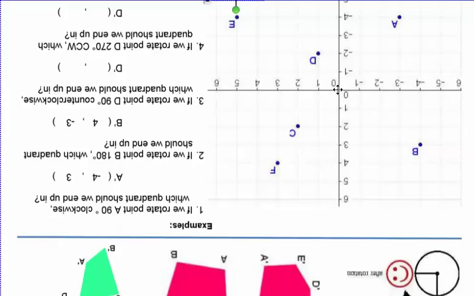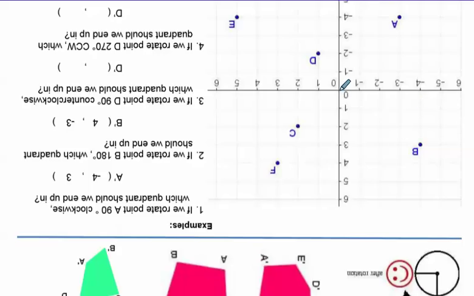To get to B, am I going to move right or left? Well, we need to move to the right from the origin. 1, 2, 3, 4. We move to the right 4, and then we're going to move down 1, 2, 3.